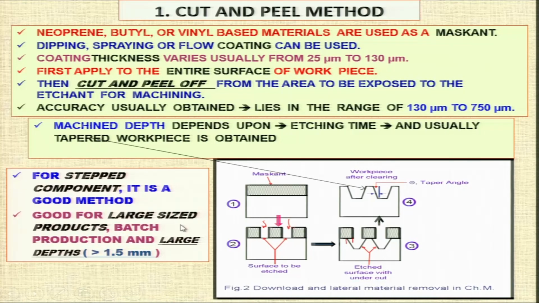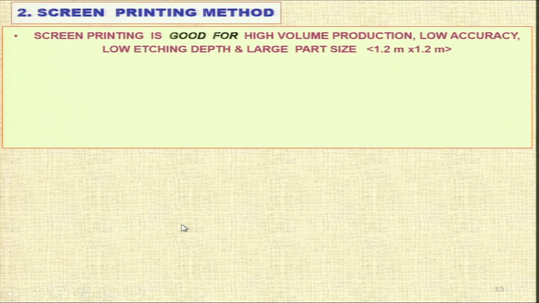Good for large sized products, batch production and large depth also. I will show you in photochemical machining that very large sized antennas can be comparatively easily made by photochemical machining, which is a part of chemical machining. Screen printing method.